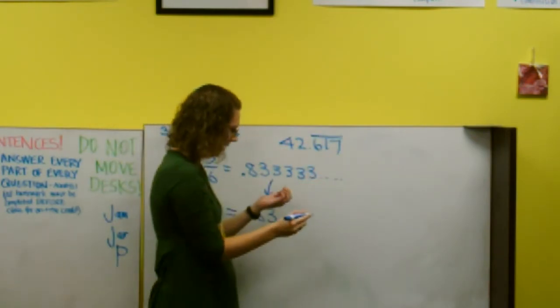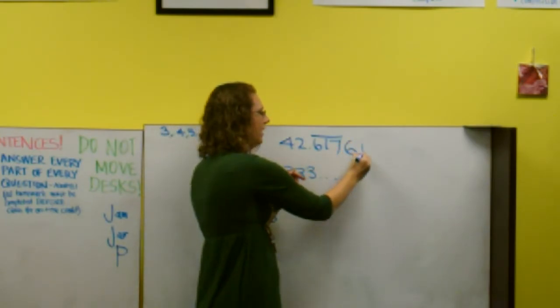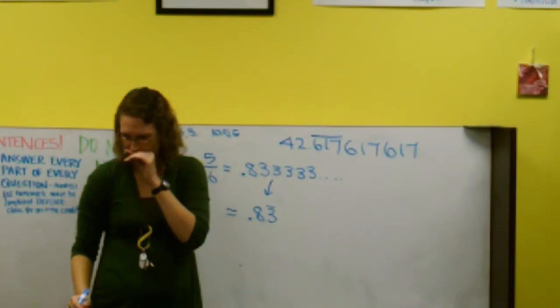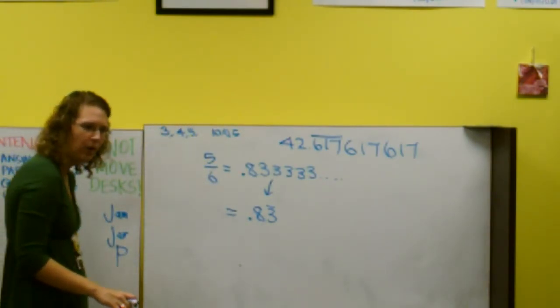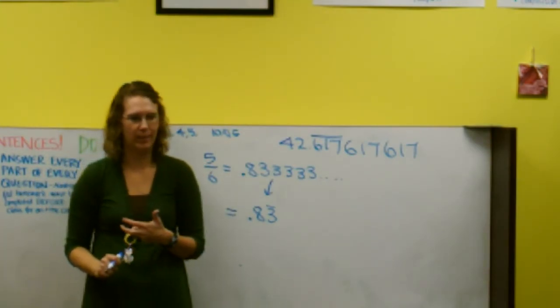So if I were to write this out, it repeats. Jarvis, what would come after 617? 617. Good. So if I'm told to round to the nearest millionth, which number is in the millionth space, and am I going to circle here? Give me a hand, Jarvis.